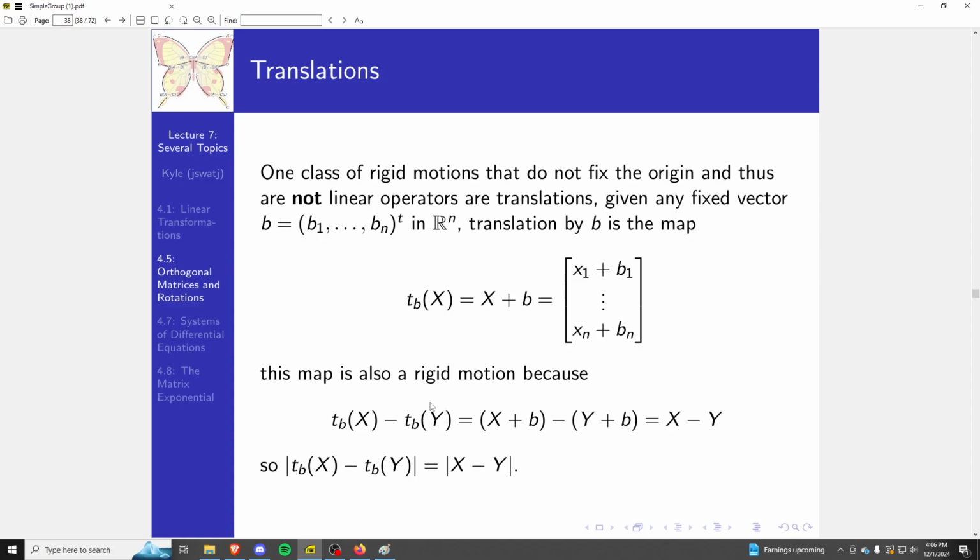It's a rigid motion because it preserves distance as well. If we take the two and we subtract them, it cancels out the b, we get x minus y, and we can just wrap distance vertical lines around it.